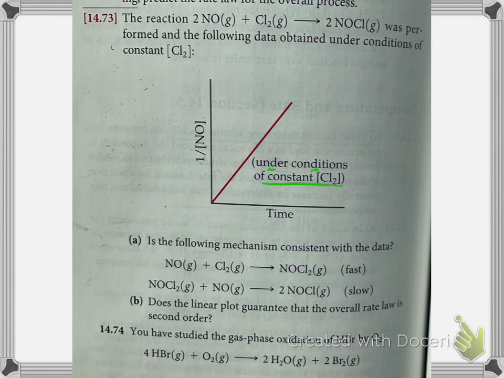So how do you keep the concentration of chlorine constant? Well, we did it in our experiment, right? We couldn't actually keep it constant. When we reacted the sodium hydroxide with the CV Cl, you couldn't actually keep the sodium hydroxide concentration constant, but the way we kept it relatively constant was we used a whole lot more of it. So we used a much greater concentration of the sodium hydroxide. So even though the hydroxide ion concentration and the crystal violet ion concentration were changing the same amounts, their relative amounts were very different.